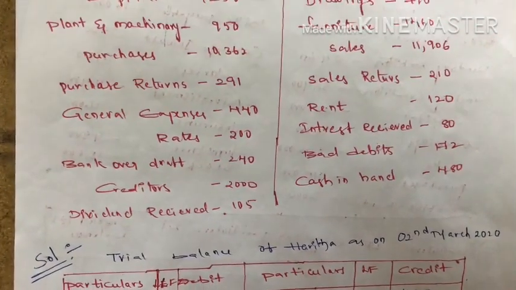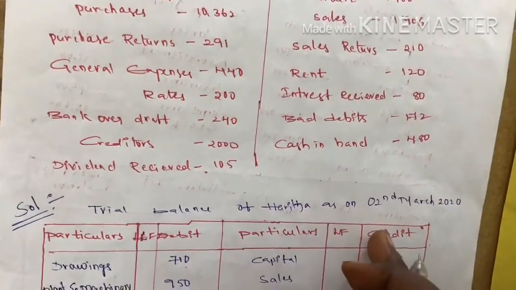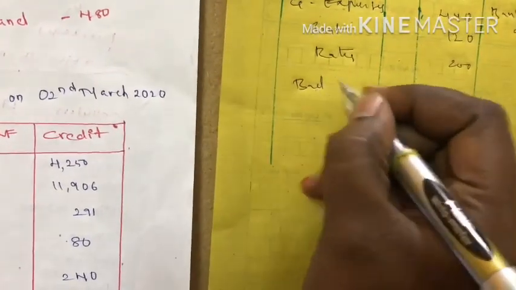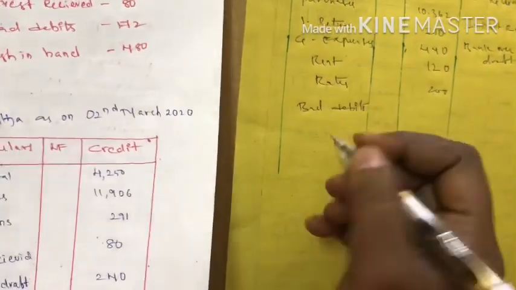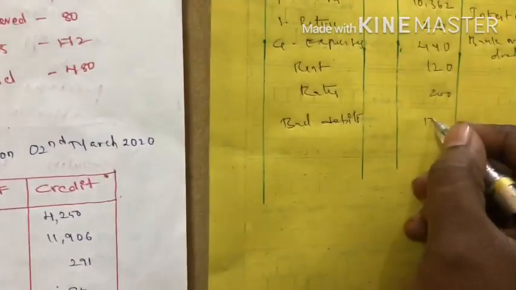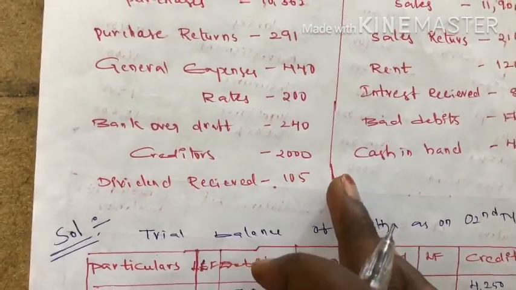The next one, bad debts. Bad debts means a loss, and losses are always written on the debit side. So bad debts is 172. Okay, next one, creditors. For creditors, you can simply write on the credit side.